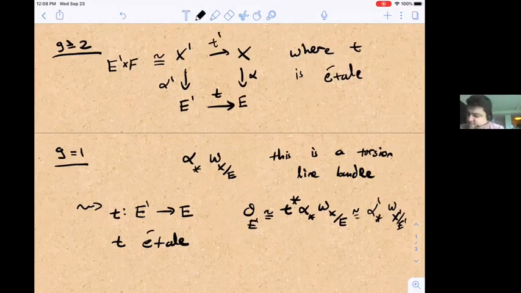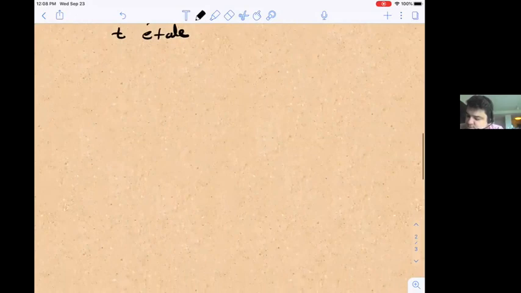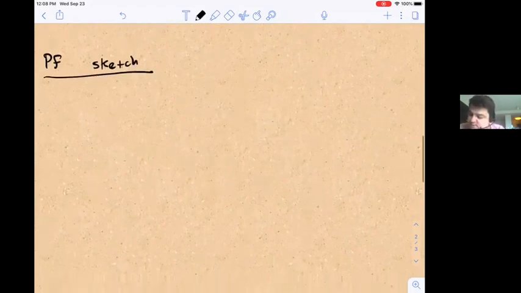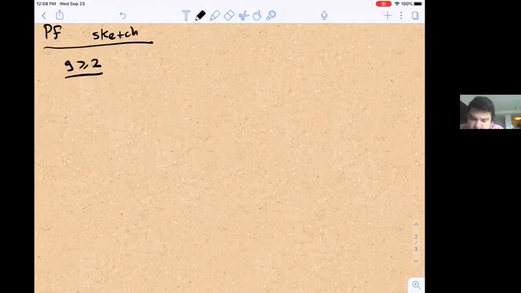Okay, so let me give a very rough sketch of this theorem. So in the genus at least 2 case, the key point is that we have a moduli space of curves and that we understand its geometry. So we can take this as a black box, but basically we have this moduli space of curves of genus g at least 2.